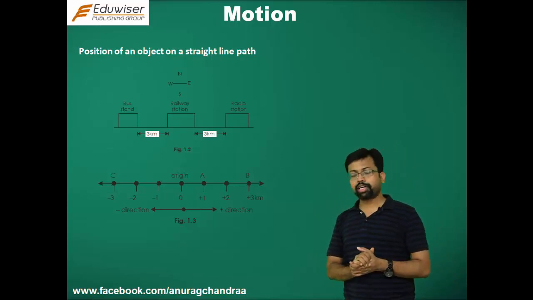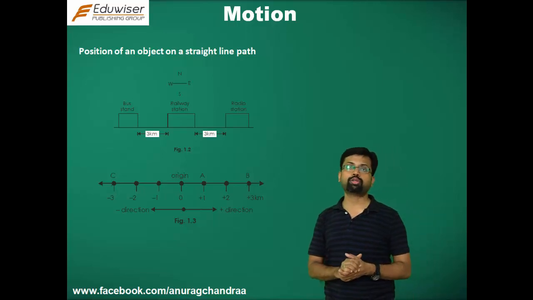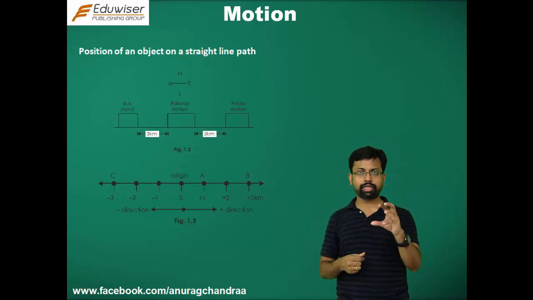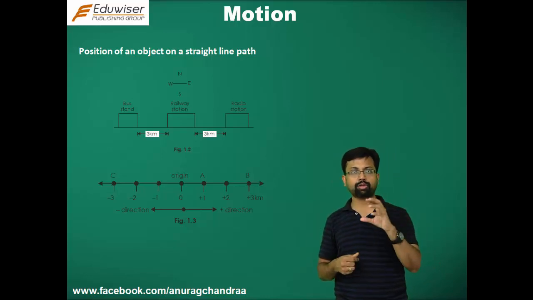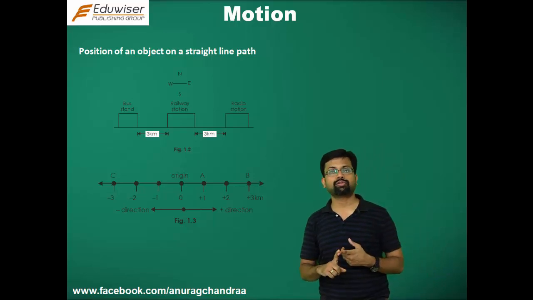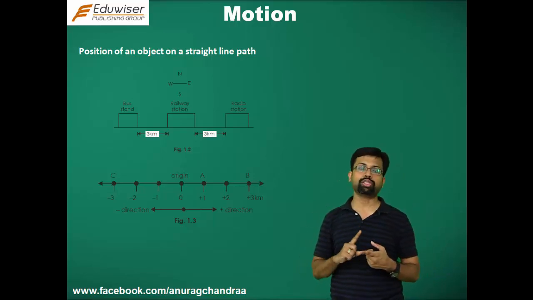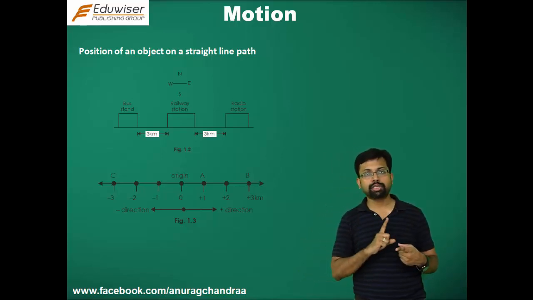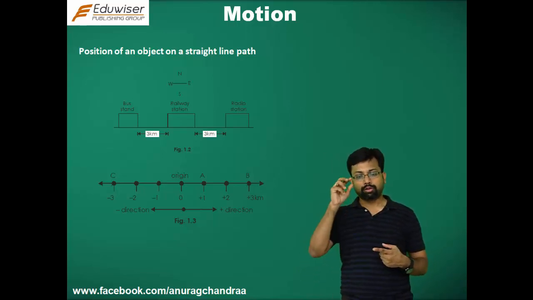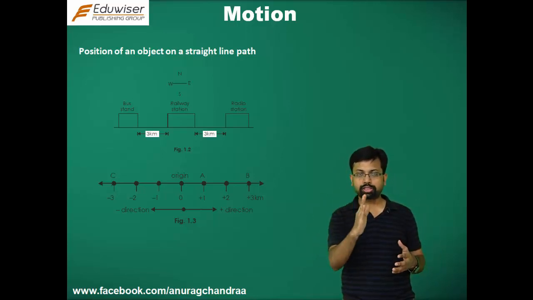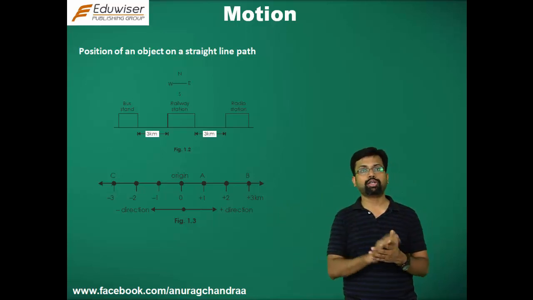So, for any kind of one dimensional motion, it is important to define a few things to absolutely tell what the position of that object is. The first thing is the choice of origin. You have to define what your origin is, the point from which the measurements have to start. So, the origin is the point in the chosen frame from where you do your calculations.